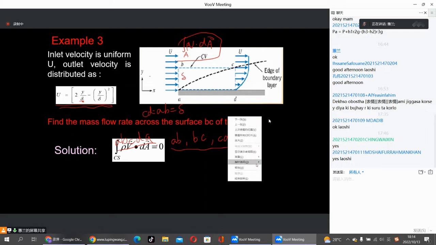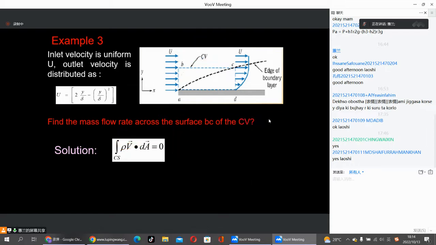If it is not specifically stated to be unsteady, we assume it's steady flow. For this steady flow, the mass flow rate over the whole control surface should be equal to 0.